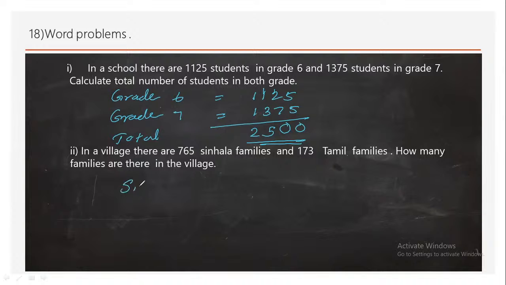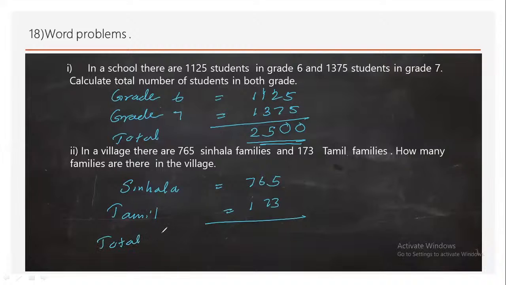Then we can write total families. 8, 13, 938 families. Next question.